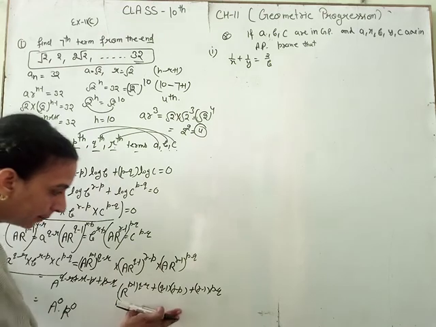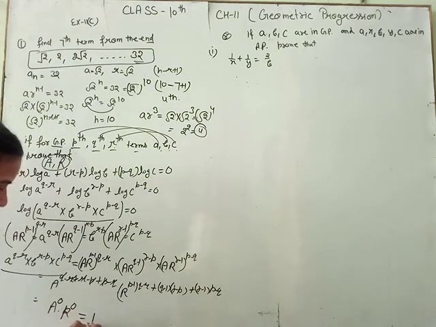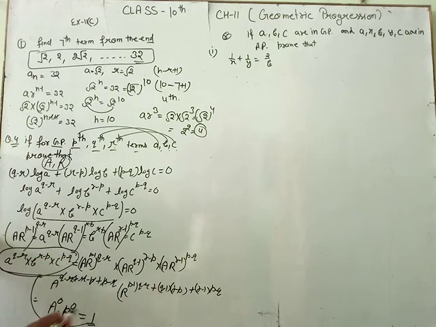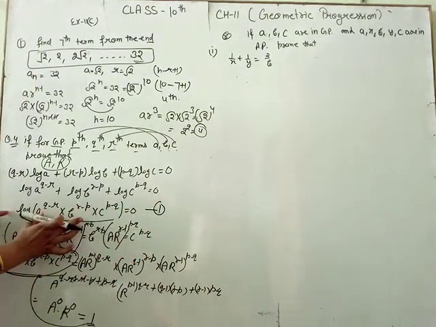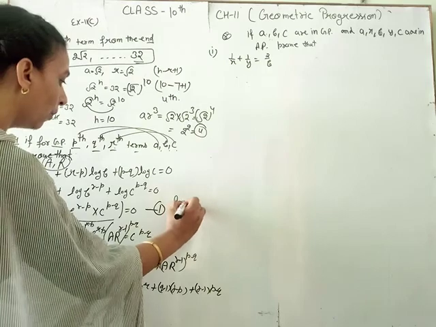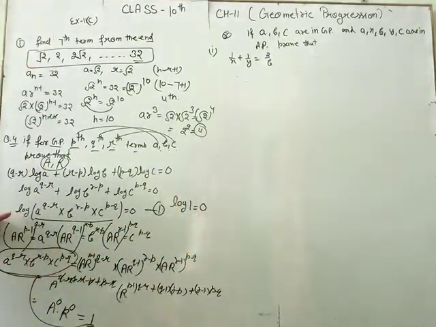If we solve this completely, this is also 0. Any number raised to the power 0 is 1, so the complete value of this equals 1. So in the equation we put the value 1 in place of this: log of 1 equals 0.